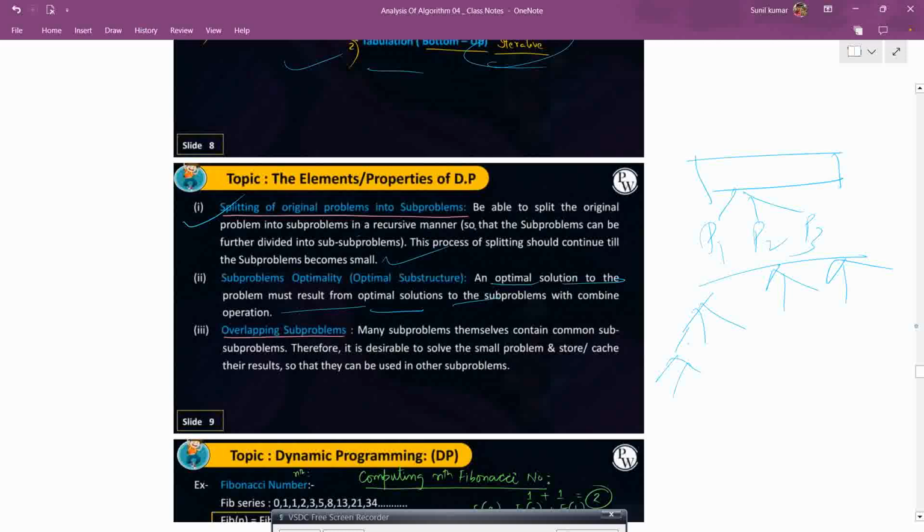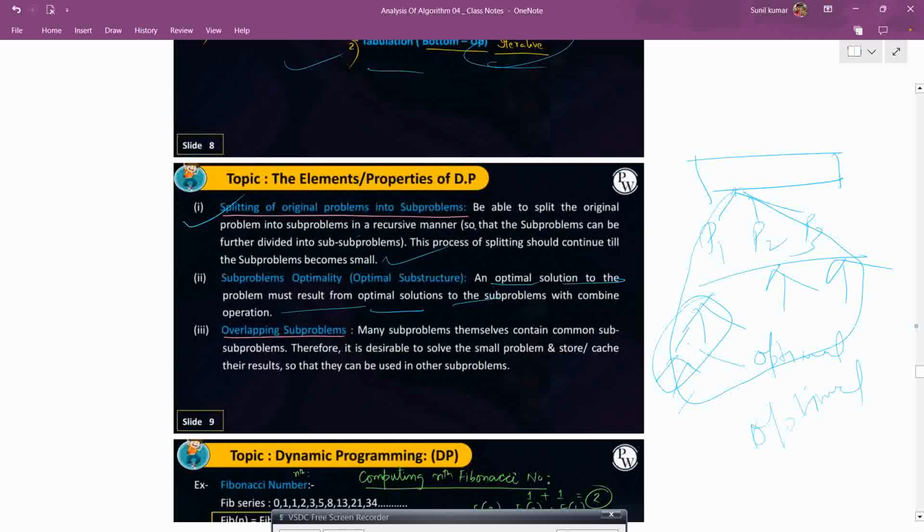So if we combine the subproblem solutions, this solution should be optimal. And again, if we combine from all these, this should be optimal.